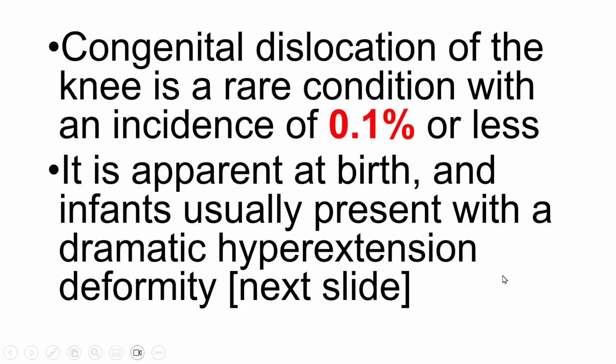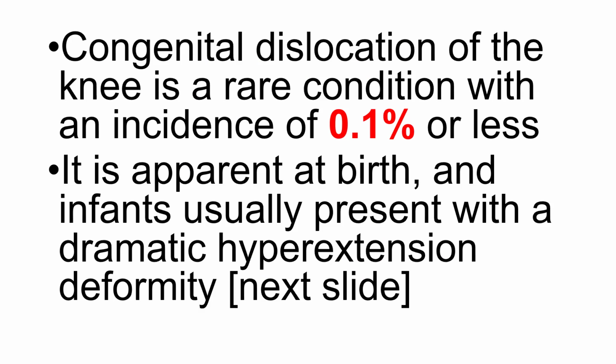Congenital dislocation of the knee is a rare condition with an incidence of 0.1% or less. It is apparent at birth, and infants usually present with a dramatic hyperextension deformity.